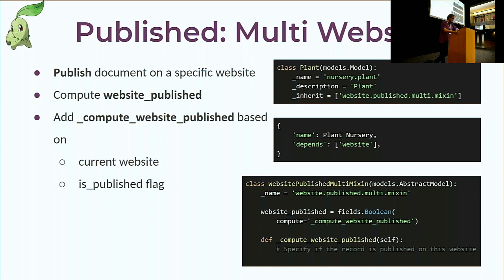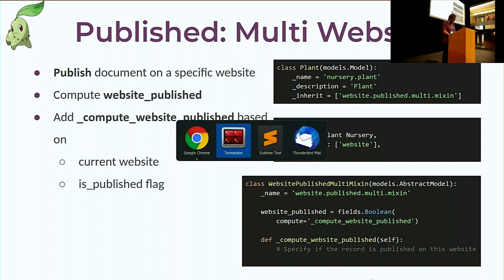And finally, you have the famous website published multi-mixin. That is basically the combination of the 2 mixins. So you control the published status of a document and the website on which it will be published.